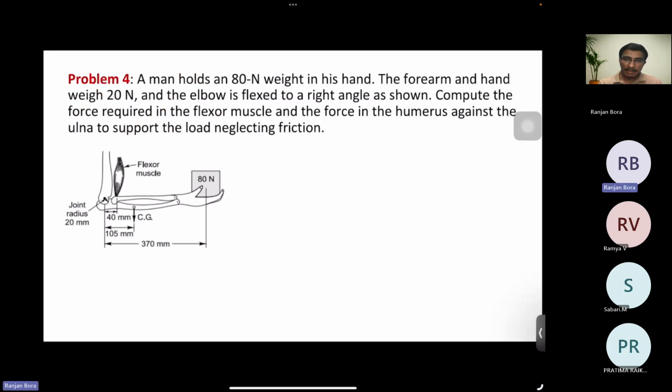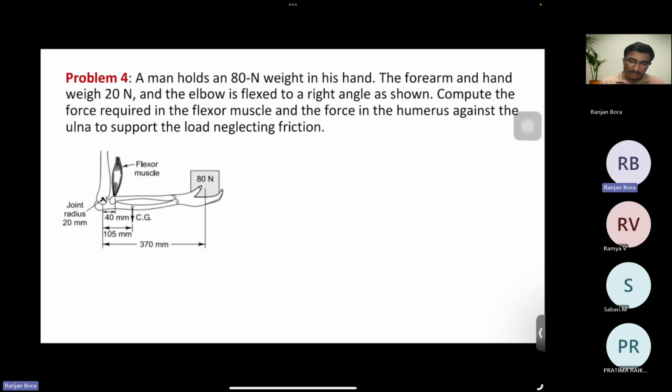This is the scenario which I have already drawn. I have already shown you how to draw the free body diagram, so you can draw it now, and then apply the force equilibrium and moment equilibrium conditions. Then you will find what the question is asking.